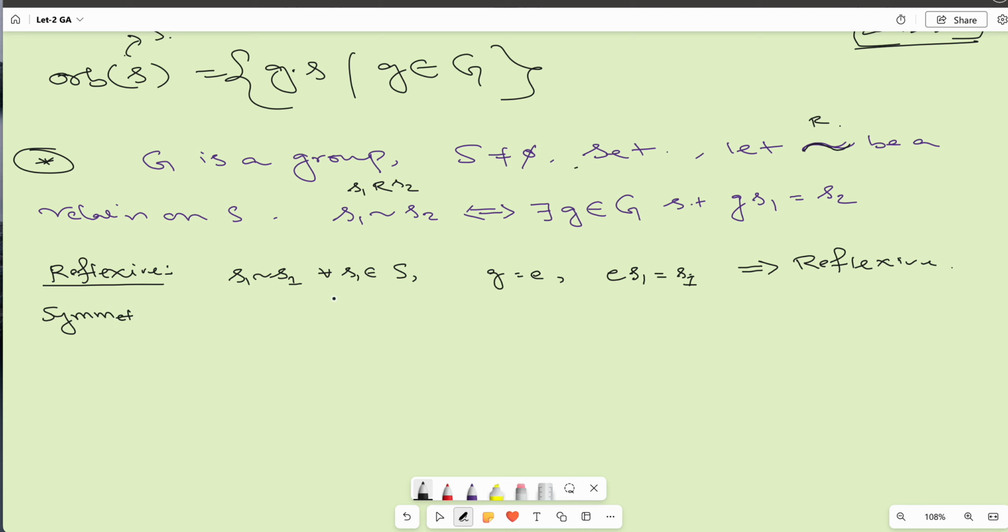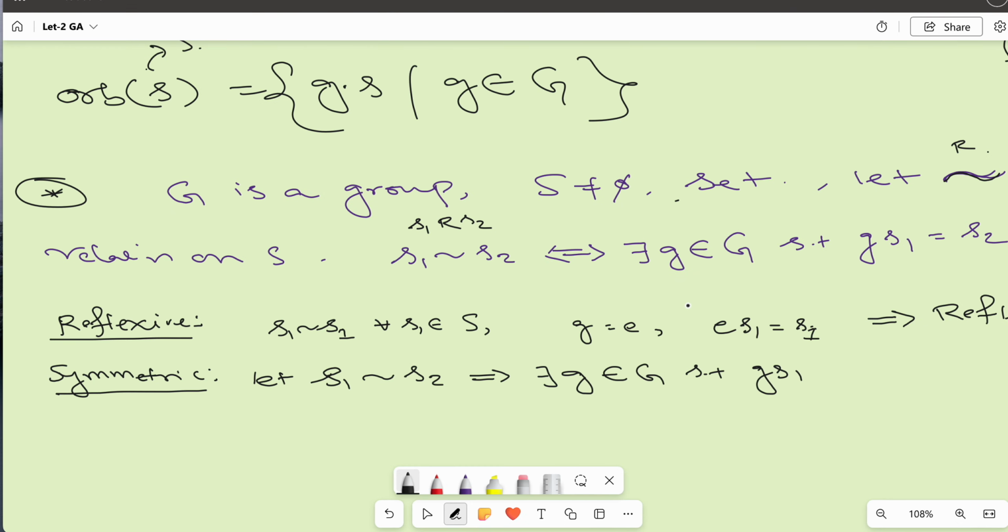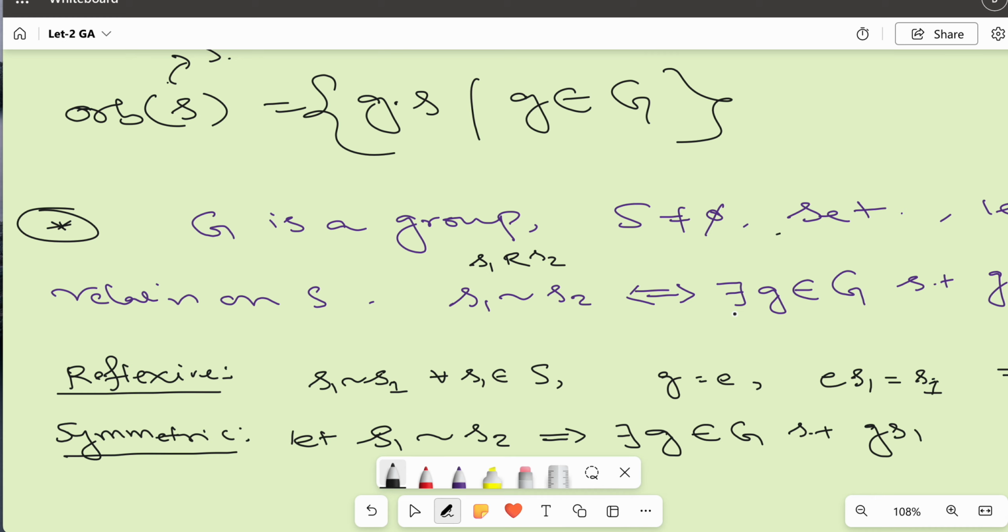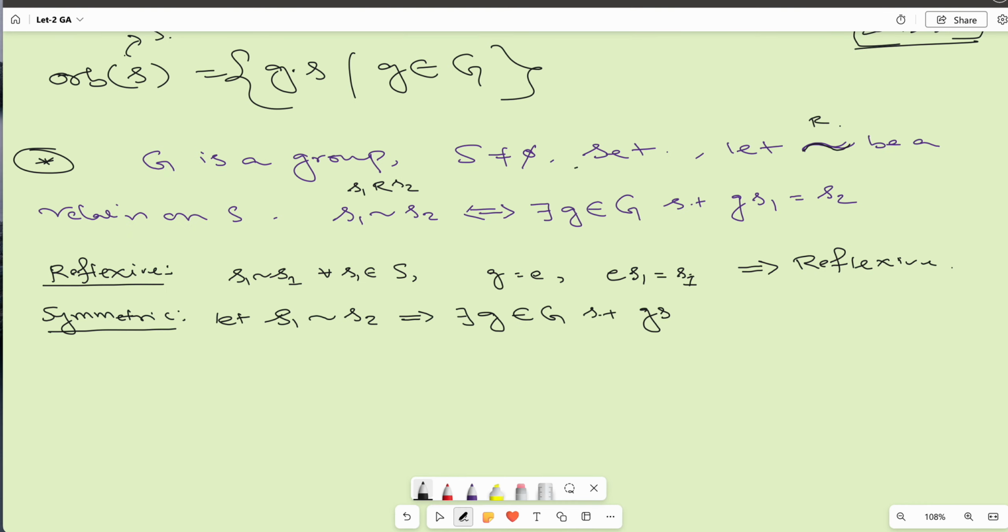Symmetric: if s1 is related to s2, then s2 should be related to s1. This is called symmetry of an equivalence relation. Let s1 be related to s2. What does it mean? There exists a g inside G such that g s1 equals s2.